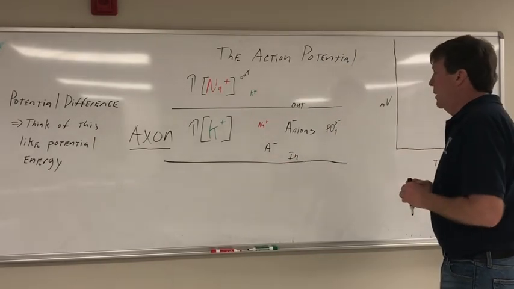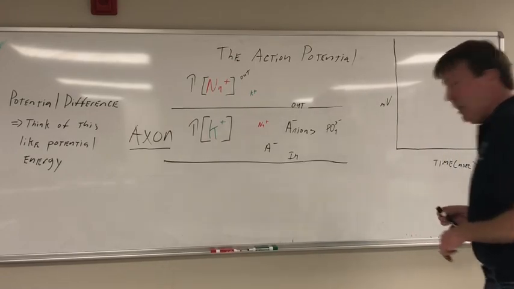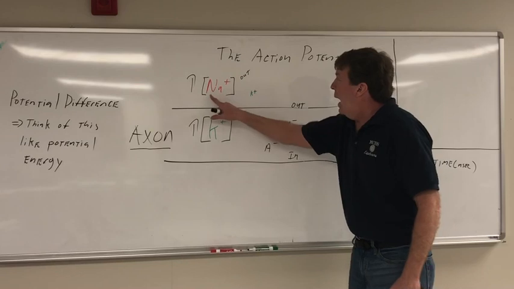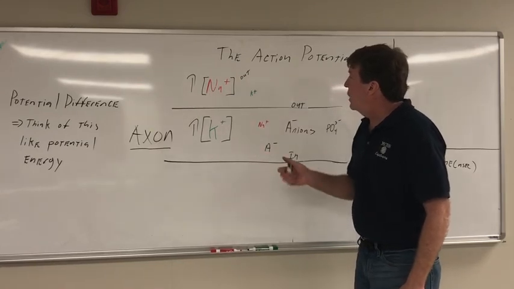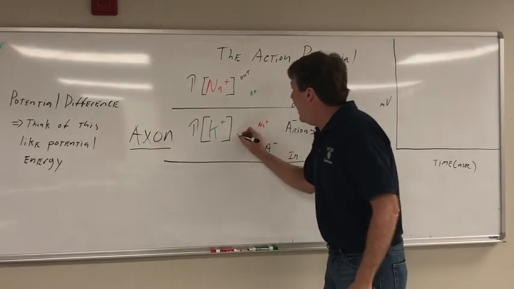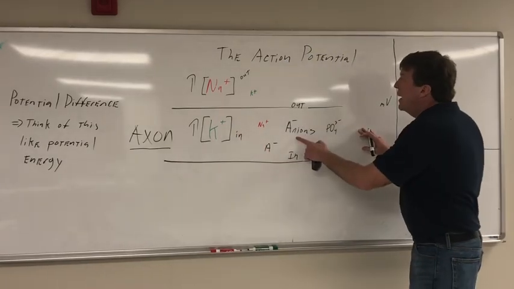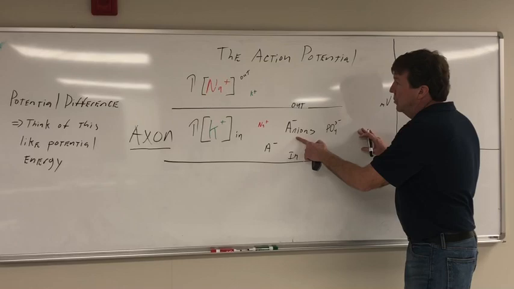So what's going on here? Well, let me grab an eraser. Here we are. High amounts of sodium on the outside, high amounts of potassium ions on the inside, plus we have these negatively charged anions.